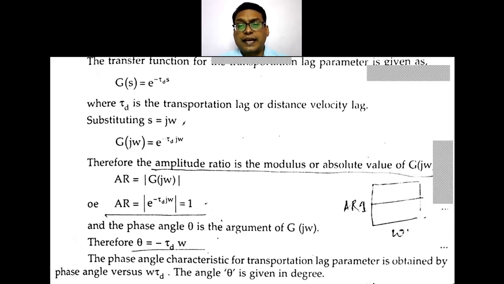The phase angle characteristics for the transportation lag parameter are obtained by plotting the phase angle versus omega tau d. Now if you draw the amplitude ratio, which is equal to 1, it will be a straight line.